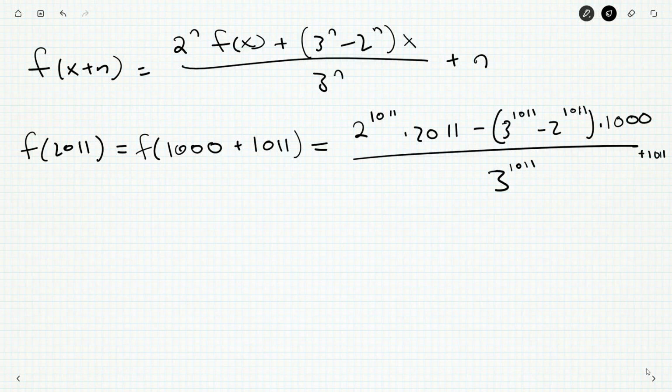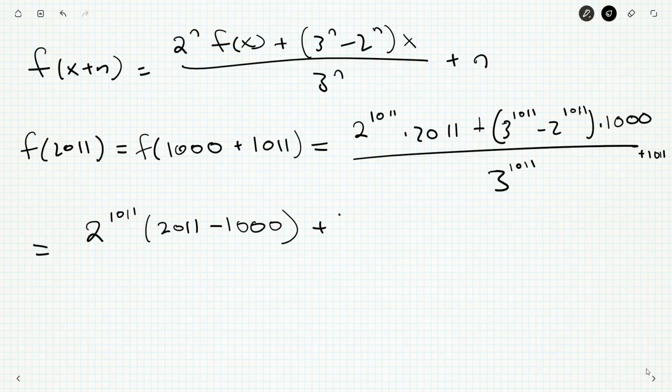Is there anything I can do to clean this up? Absolutely. No, for a second there I thought those were going to cancel. So we'll have 2 to the 1011. Yes, this should be a plus sign, so it should be 2011 minus 1000. Plus 3 to the 1011 times 1000.